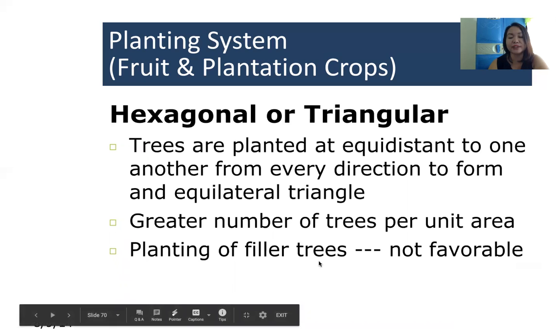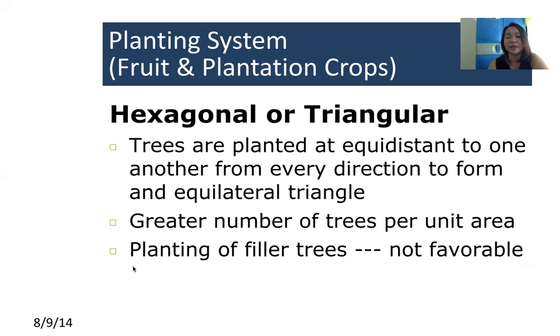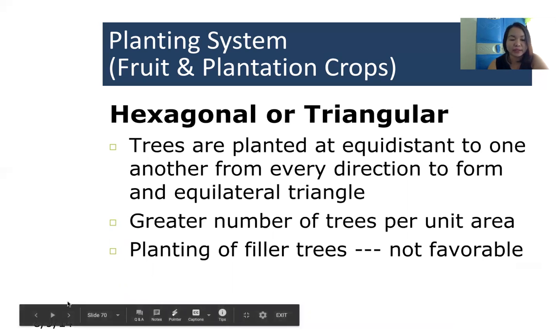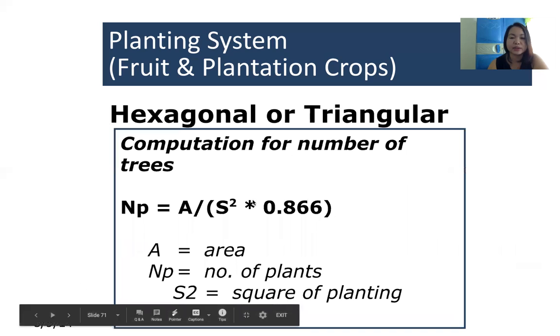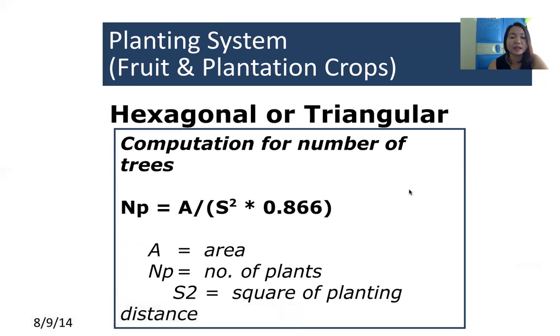You can plant filler trees, which become unfavorable later. For the computation of the number of trees, we have this formula: the number of plants is equal to the area over the planting distance in square meter times 0.866. That's a given number already.